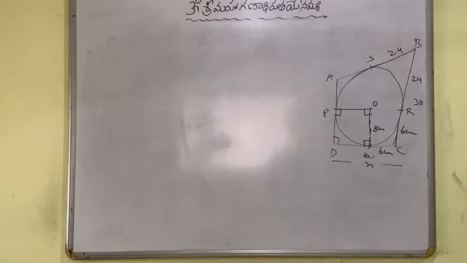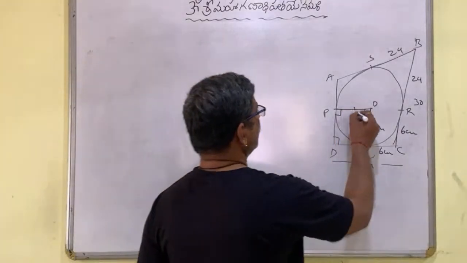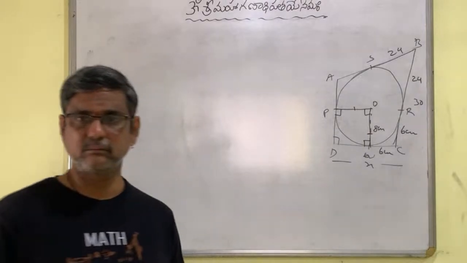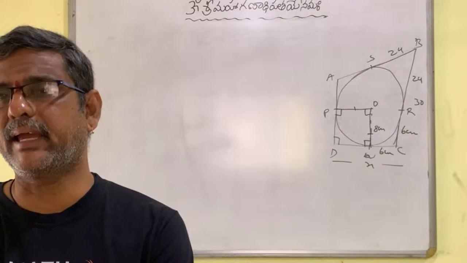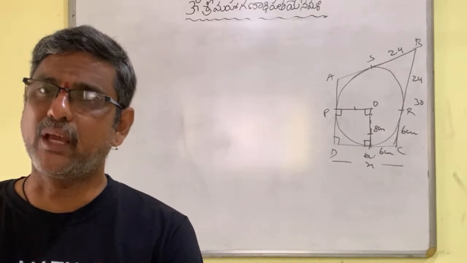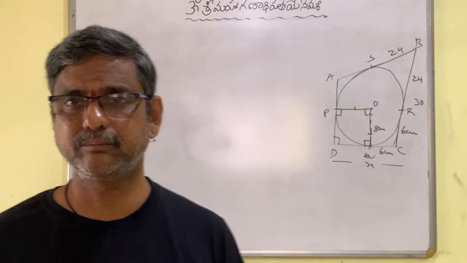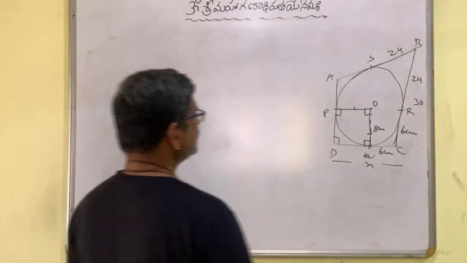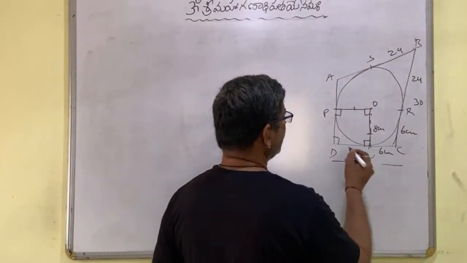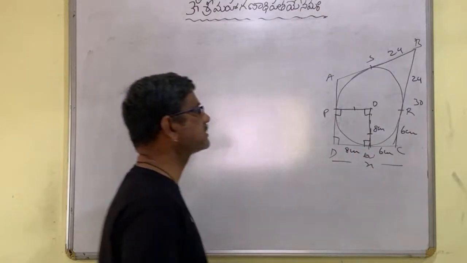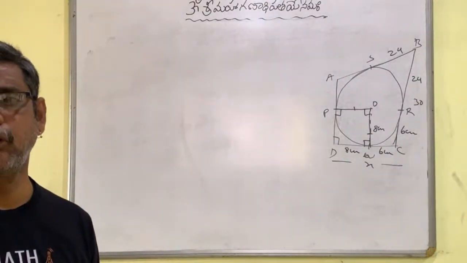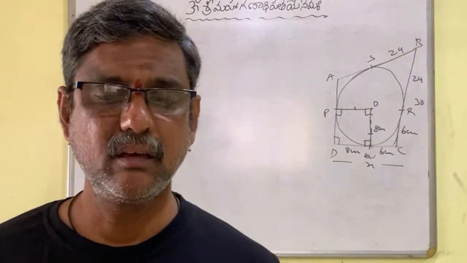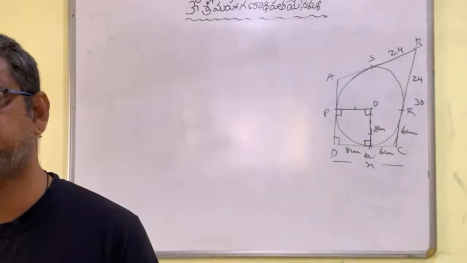DQOP is a rectangle, but a rectangle with adjacent sides equal is a square. DQOP is a rectangle and its adjacent sides are also equal, so it is a square. Since DQOP is a square, this is also 8 centimeters. So 8 plus 6, 14 centimeters. DC is 14 centimeters.